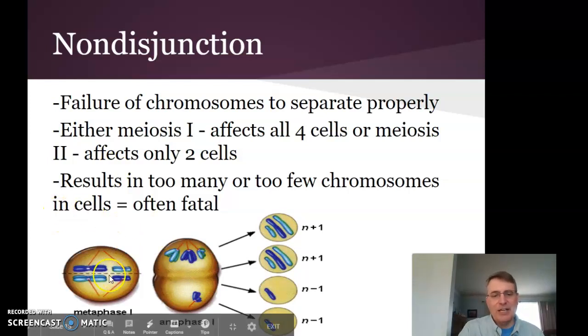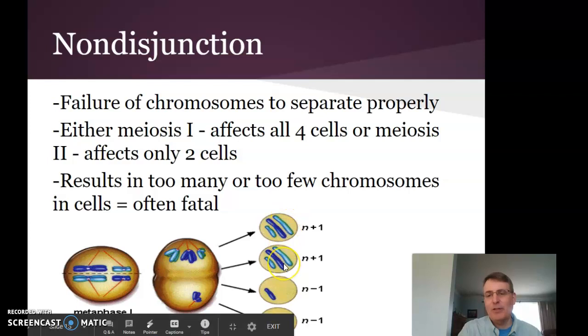As an example here, we've got a 4n cell. You see it's lined up in metaphase, and then when it goes through anaphase, only one of the chromosomes was pulled over, so one of the larger ones was not.